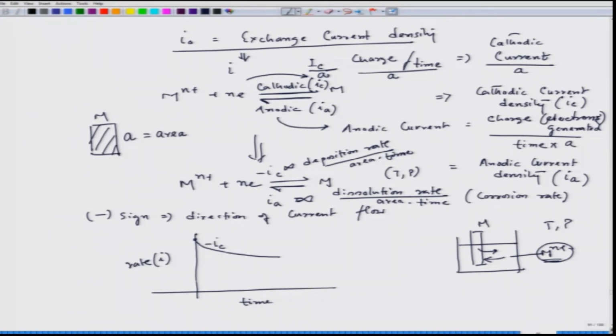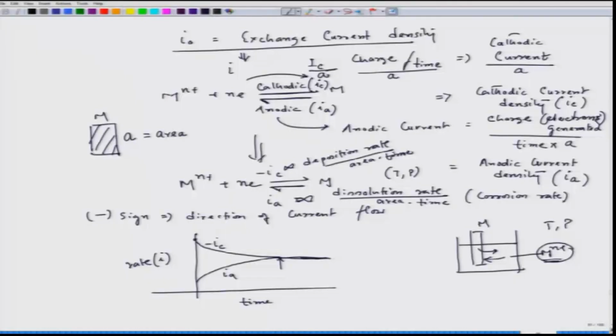The opposite current, I_A, would also start immediately, and after reaching the same value they will maintain that value if we do not disturb the solution: the temperature, pressure, metal surface quality and solution remain the same. This value indicates I_0, the exchange current density.